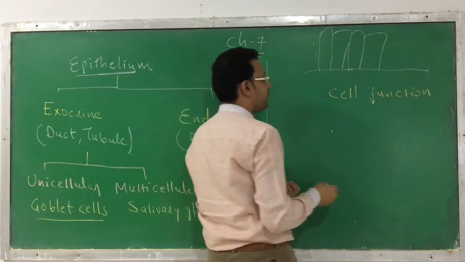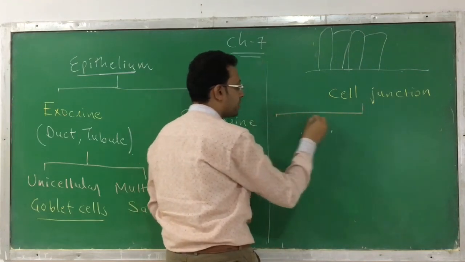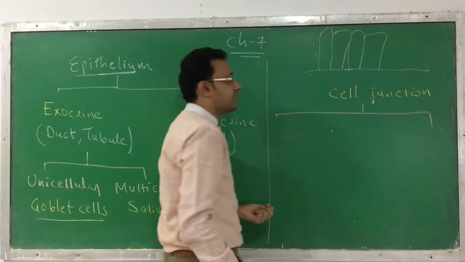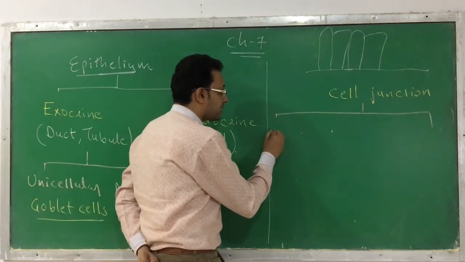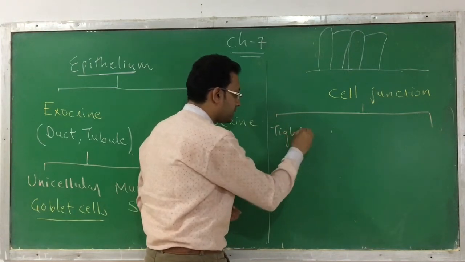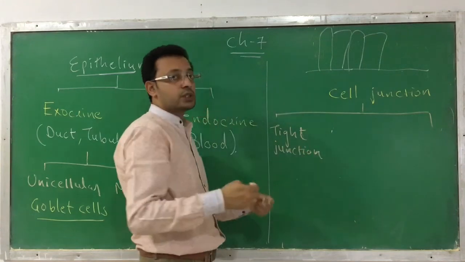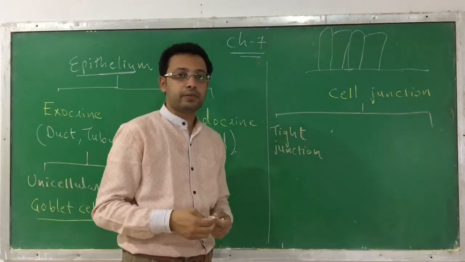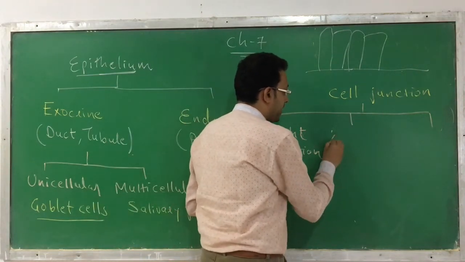So, how many types of cell junctions are present? There are three types of cell junctions. The first one is called a tight junction. The name itself suggests it is very tight, there is no gap. The second one is called an adhering junction.